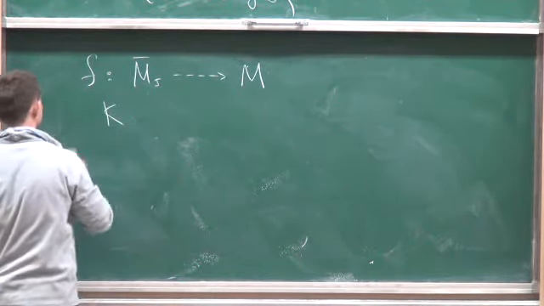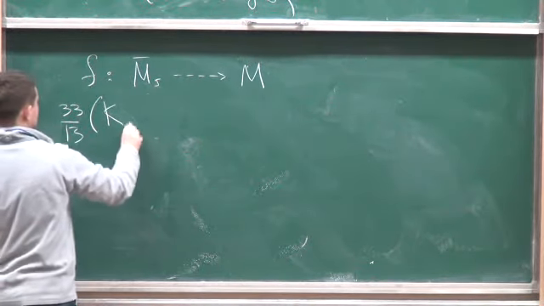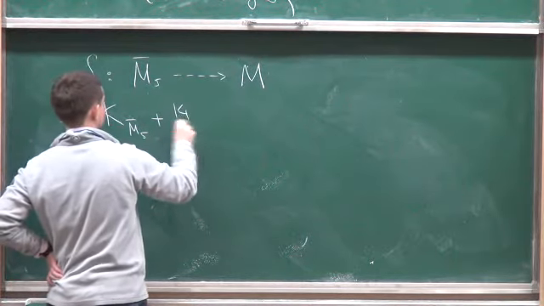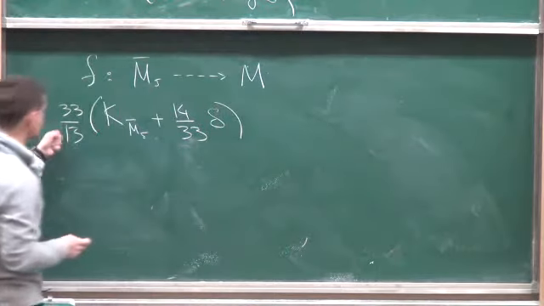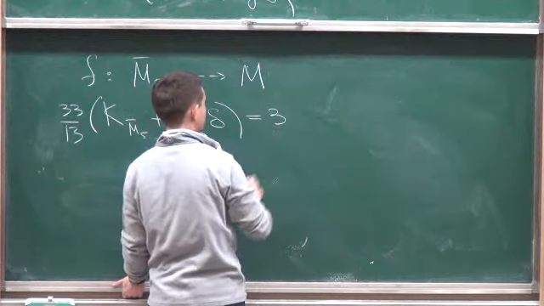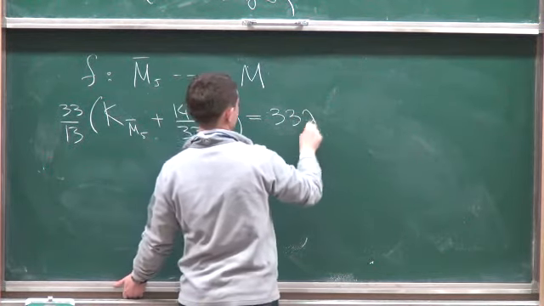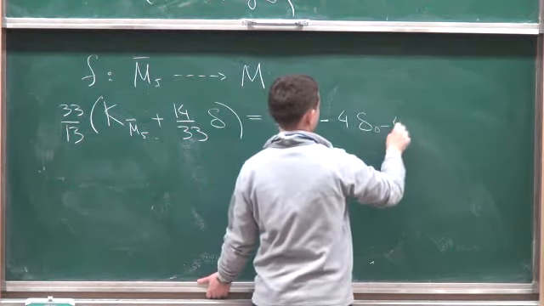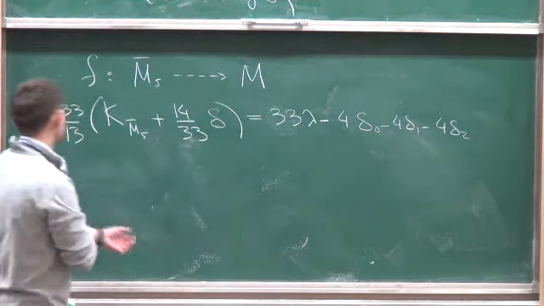And we observe that if we take the canonical divisor on M5 bar and add 14/33 of delta and multiply by this number, we get precisely this divisor class.